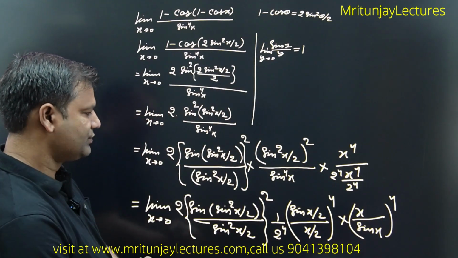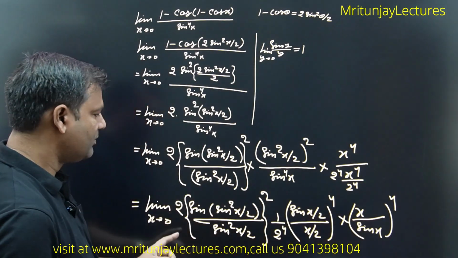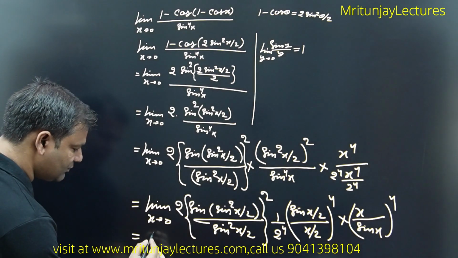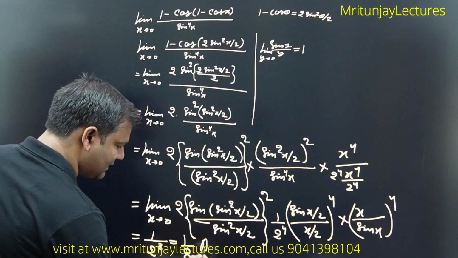So after that, that value is 1, that value 1, that value 1, so 2 upon 2 to power 4, so 1 upon 2 to power 3. So basically 1 by 8 is the right answer. Make it.